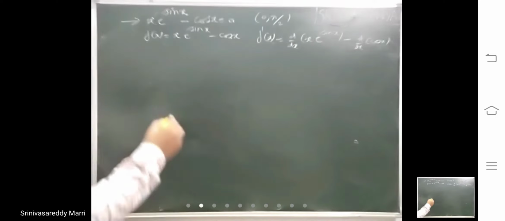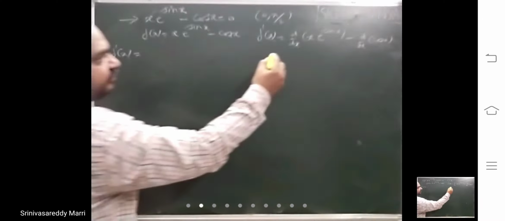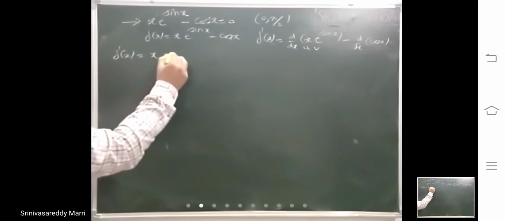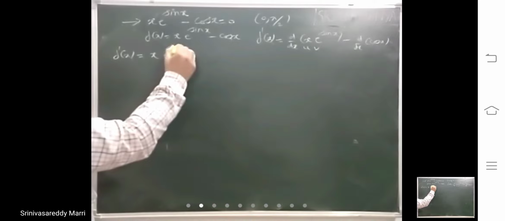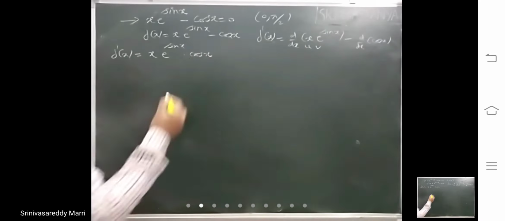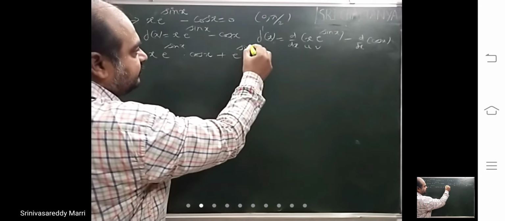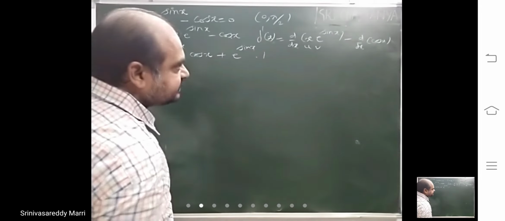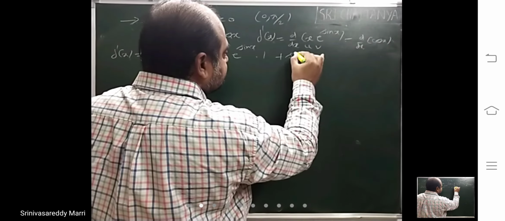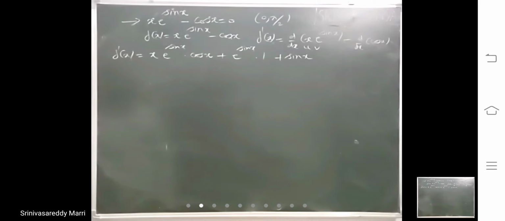So therefore f dash x is nothing but, by the uv rule, x into the derivative of e power sin x, which is e power sin x into cos x, plus e power sin x into the derivative of x, which is 1. So minus of minus sin x, plus sin x. Right? This is what you got.